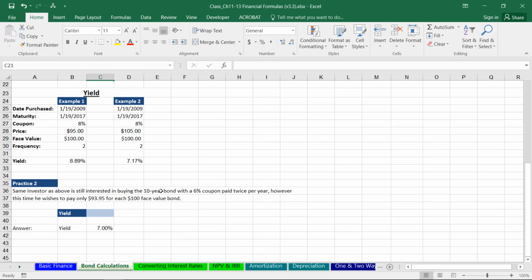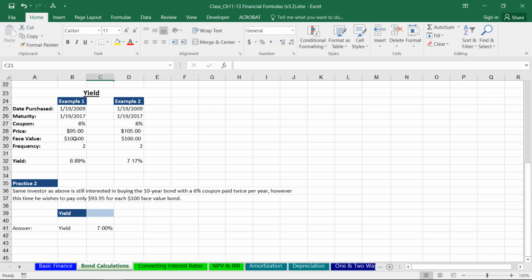Okay, let's go on to yield. Remember that depending on the price, yield is the actual percent that I am receiving or paying out, as the case may be. Here I have a bond, the date purchased, the maturity date, coupon price, face value, and frequency. The price here is less than the face value.